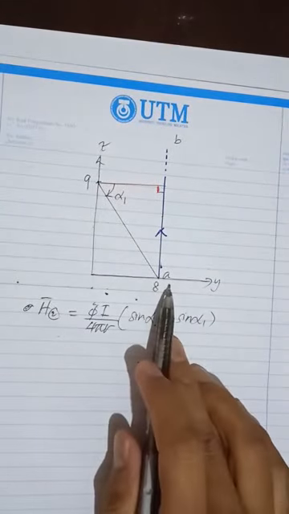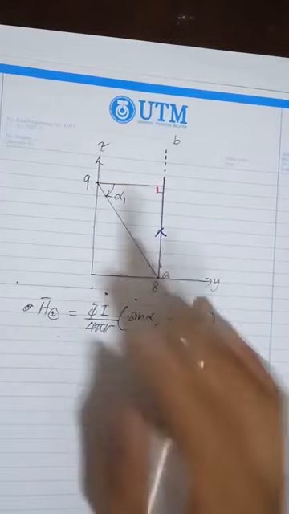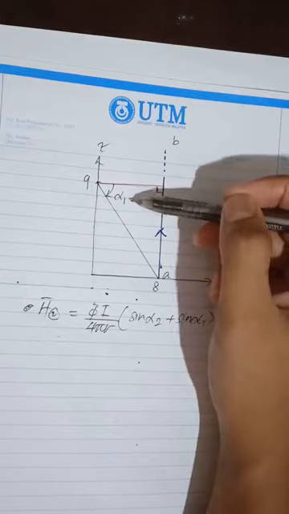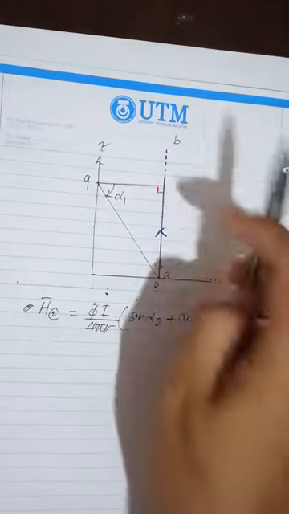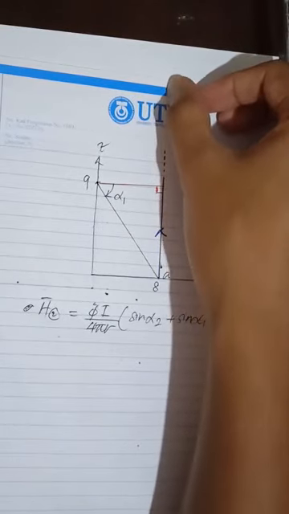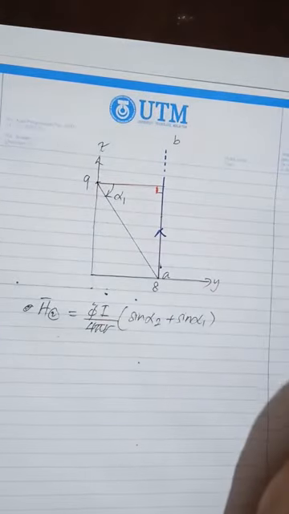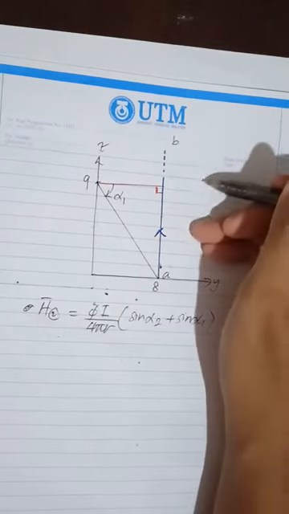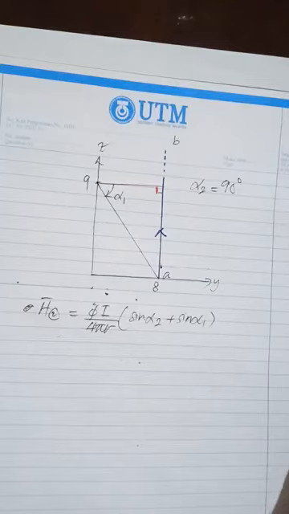Remember, A belongs to alpha 1 and B belongs to alpha 2. Now you can see that alpha 2 actually becomes 90 degrees. Why? Because this line is very long in extent, so alpha 2 approximately becomes 90 degrees.